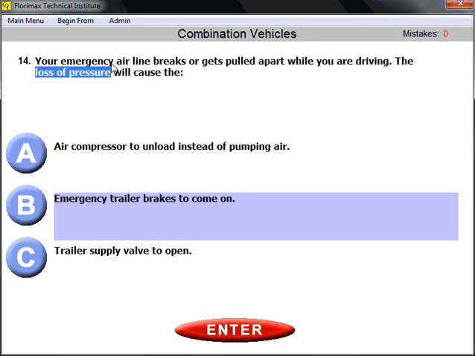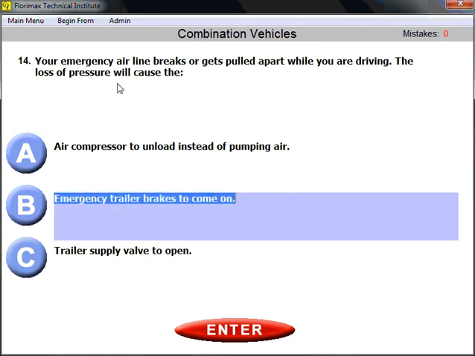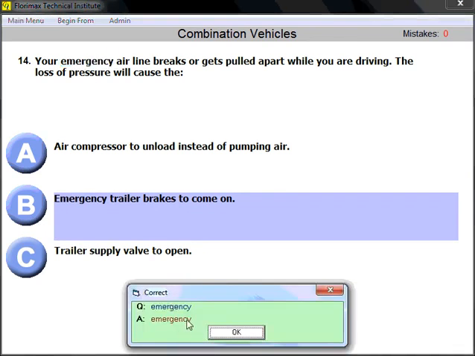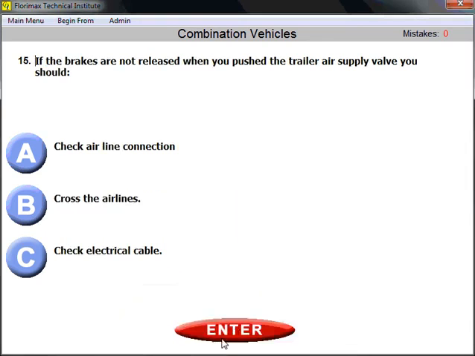That's why your emergency airline is called the emergency: when something happens to the pressure in the emergency line, it causes the emergency trailer brakes to come on. The word emergency in the question will help you identify the right choice. Emergency line, emergency brakes. Remember.